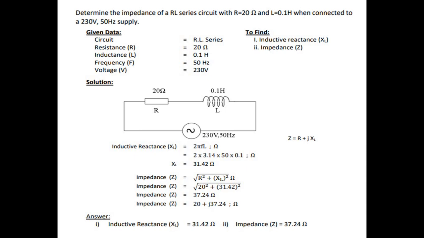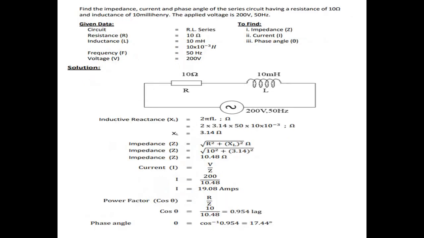Then impedance Z is equal to root of R squared plus XL squared, 20 squared plus 31.4 squared, so Z is equal to 37.24. Inductive reactance XL is equal to 31.42 ohm. Impedance Z is equal to 37.24 ohm.